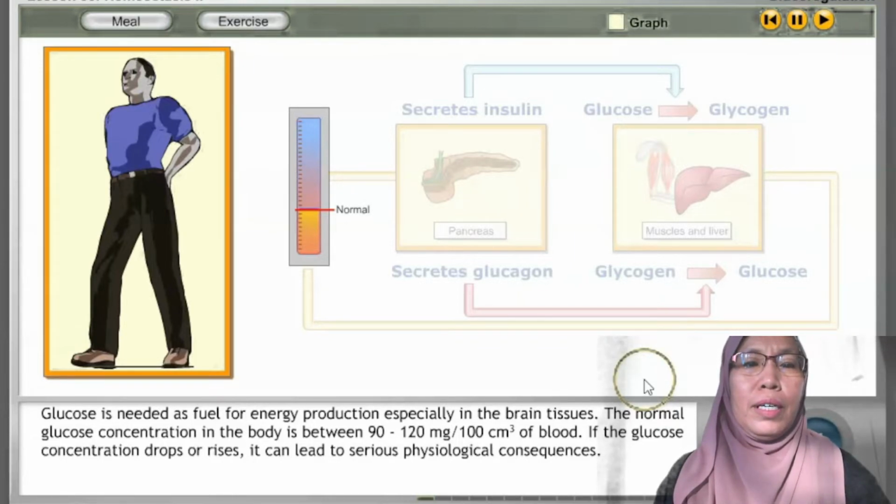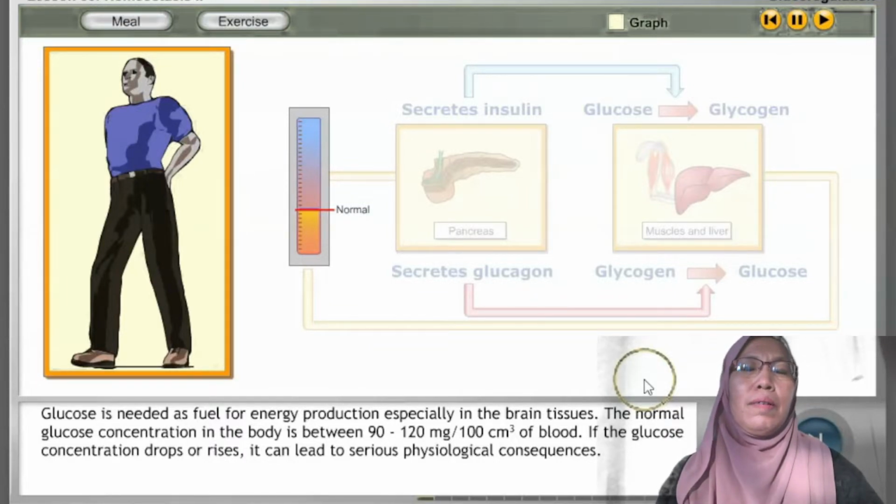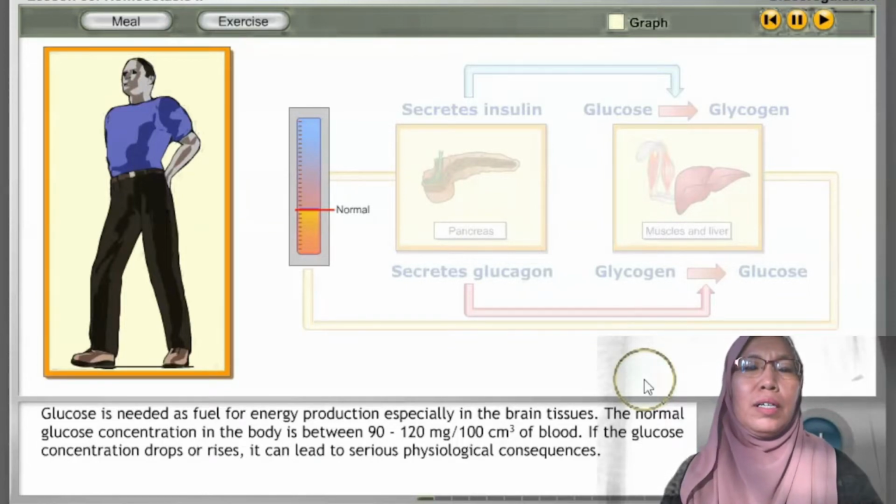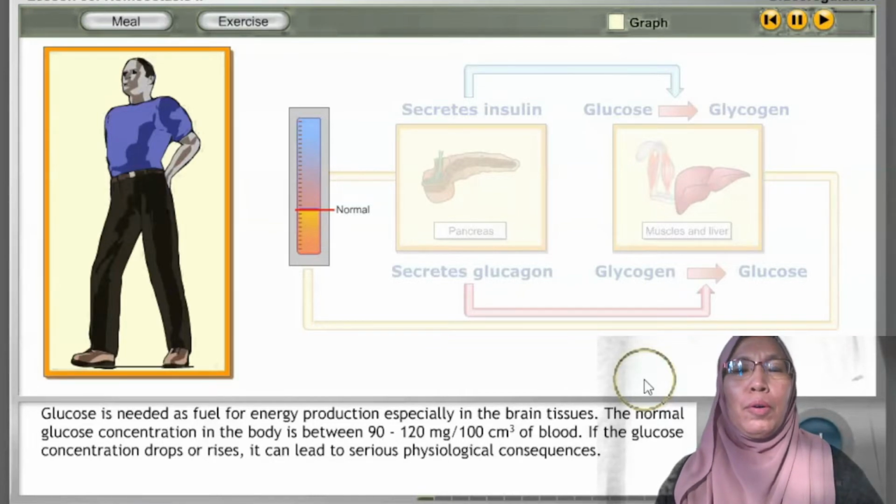Homeostasis means maintaining the environment in our body, especially the glucose concentration. The normal glucose concentration in the body is between 90 to 120 mg in our blood. As you know, glucose is needed as fuel for energy production, especially in the brain tissue.